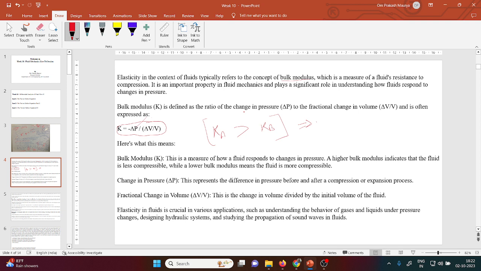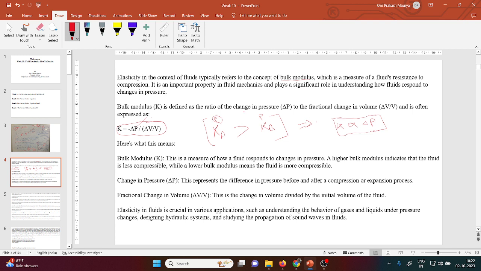If you want to change the unit volume in both fluids, more pressure will be required for fluid A, because K is directly proportional to it. Practically we have this expression, the mathematical expression and the empirical equation; all these equations are based on concepts which follow nature.